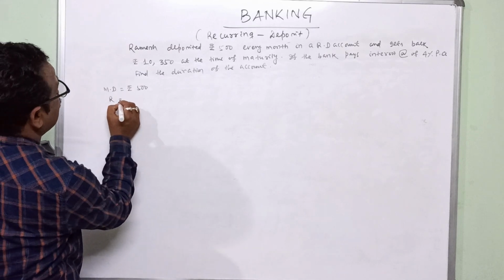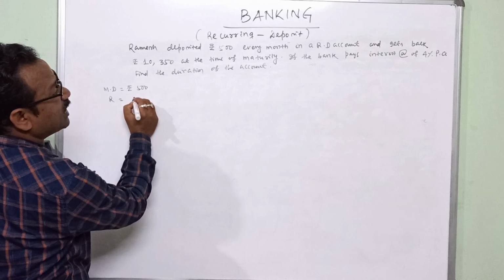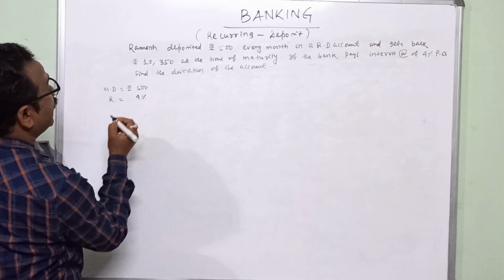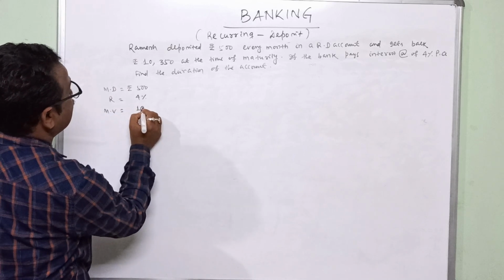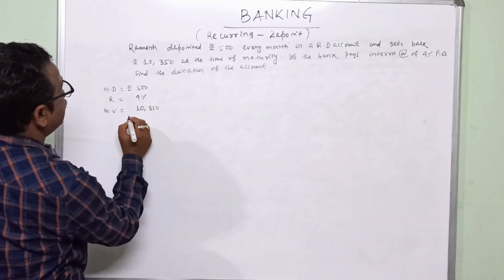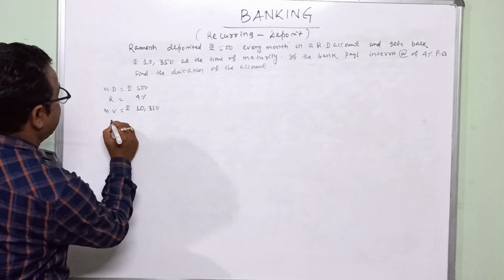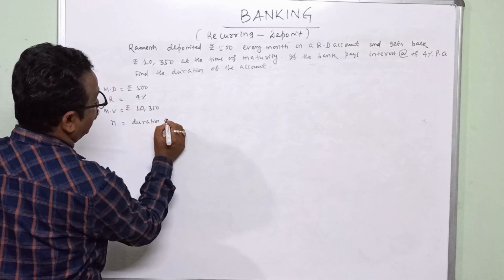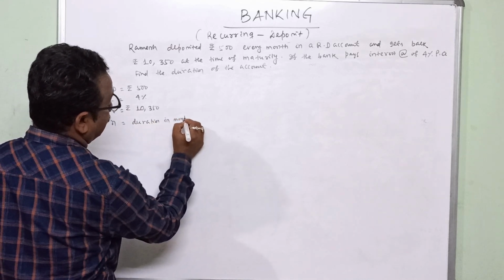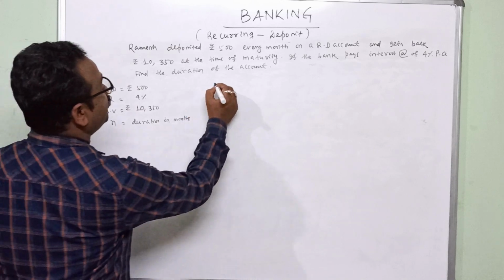Now rate is equal to 4%, and maturity value is equal to rupees 10,350. You have to find n, the duration in months.